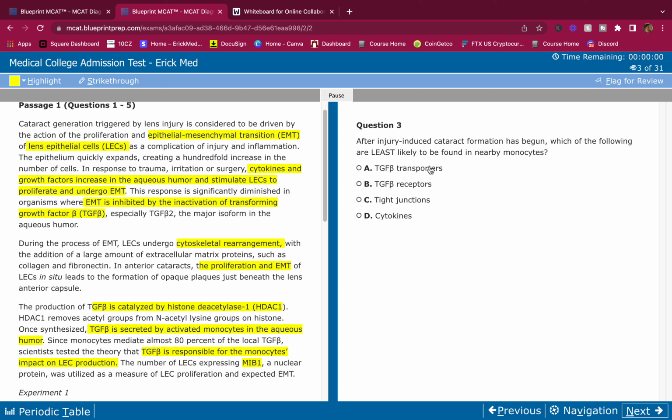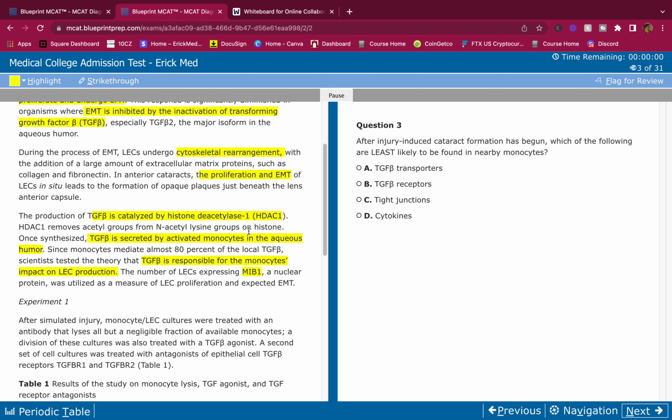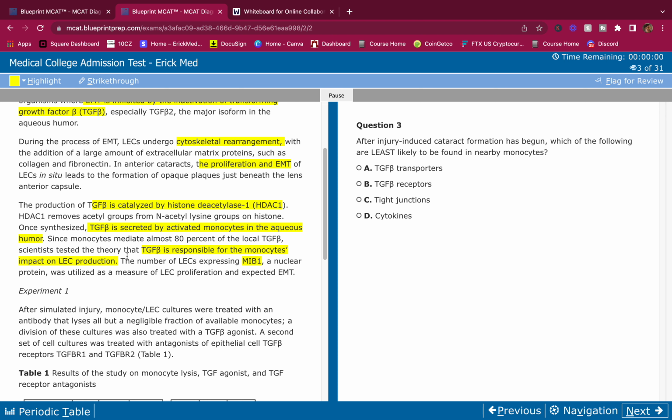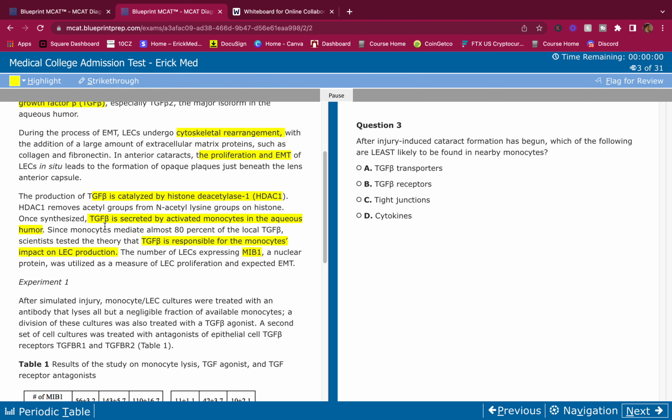These monocytes, in order to proliferate, are going to secrete TGF-beta. If you forgot, it's okay to quickly go to the passage and read it. Here: when synthesized, TGF-beta is secreted by activated monocytes in the aqueous humor.